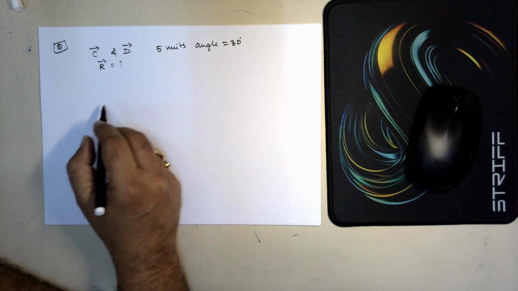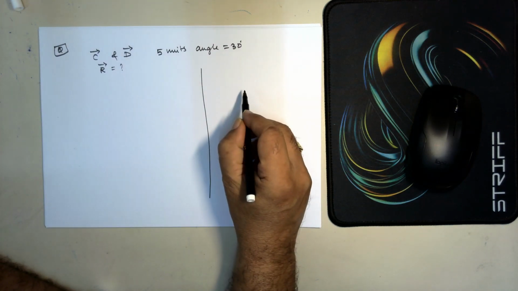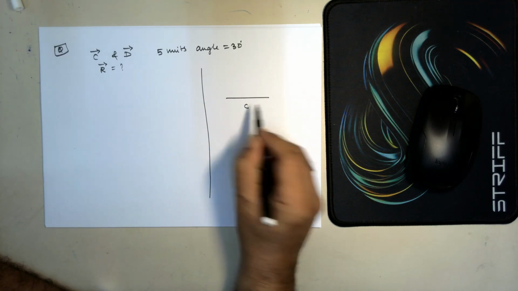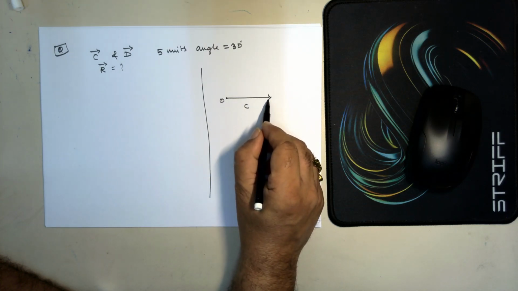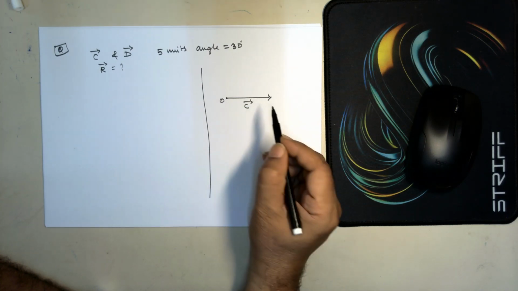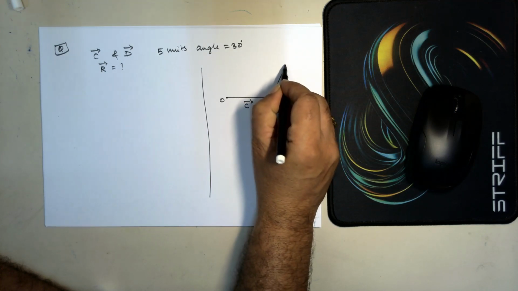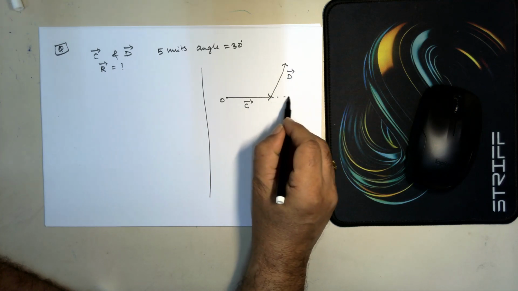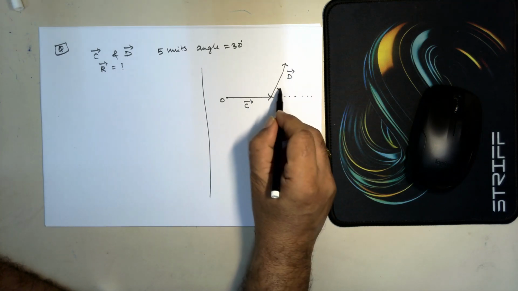Let us consider the two vectors C and D. This is C, starting from O, vector C, and another vector D. The angle between them is 30 degree.